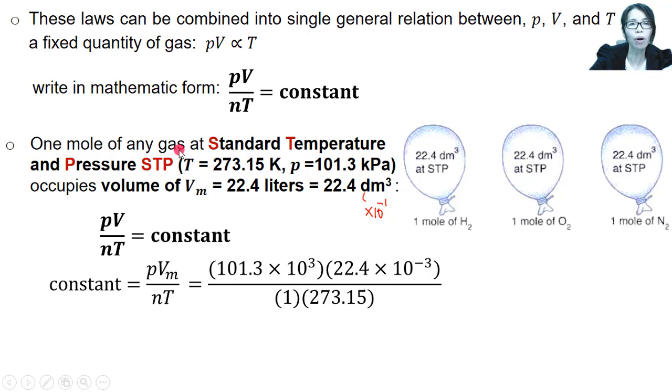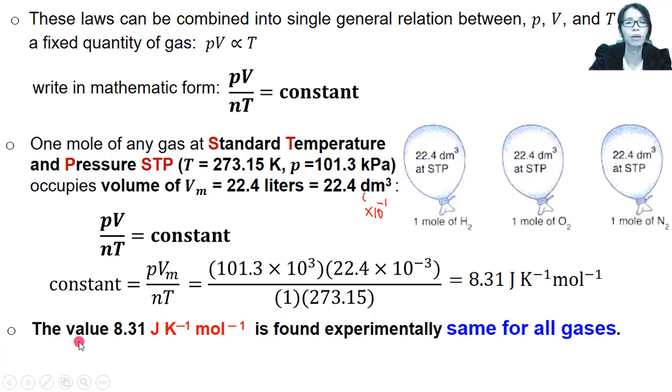For 1 mole of gas, n is 1, and the temperature is 273.15. When I do the calculation, I obtain that the constant value is 8.31 joule Kelvin minus 1 mole minus 1. The value of 8.31 is found experimentally to be the same for all gases.